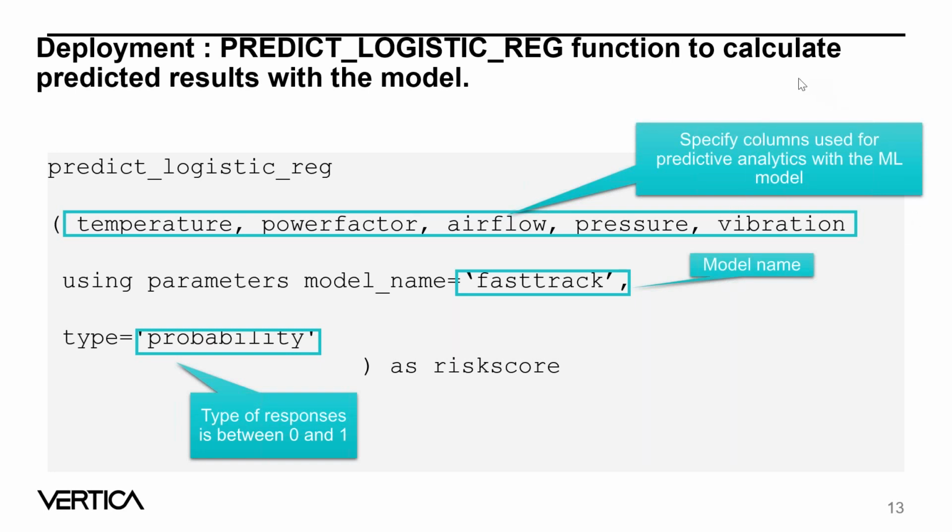The probability could be a good one, because if you type another parameter, it just replies 1 or 0. 1 or 0 means that if the failure possibility is high, the answer becomes 1; if the failure possibility is low, it just replies 0. But with probability, you can get the percentage of the probability, so it could be easy to handle the result. So it could be a good one. Okay, please go to the next one.